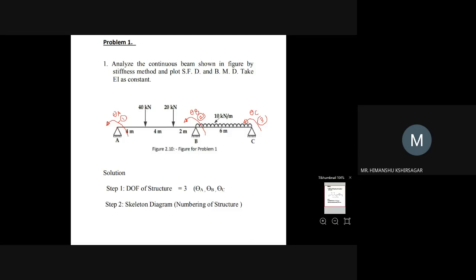So the degrees of freedom of this structure are theta A, theta B, theta C. Okay. And which coordinate axes are we choosing here? Y, the vertical direction, and Z direction, theta. I already told you this also. This is a free node.